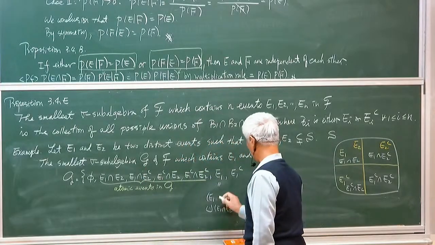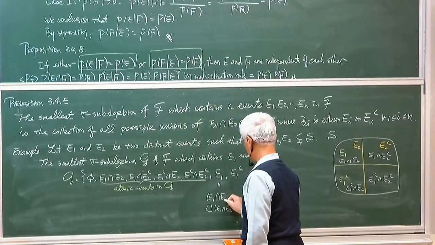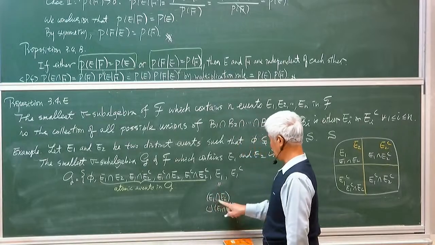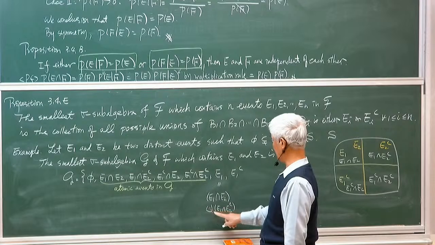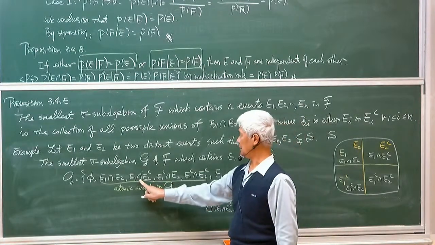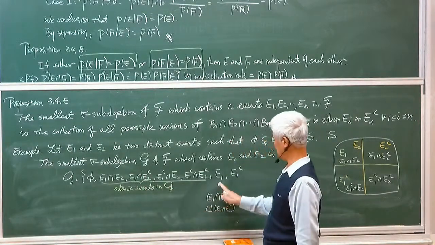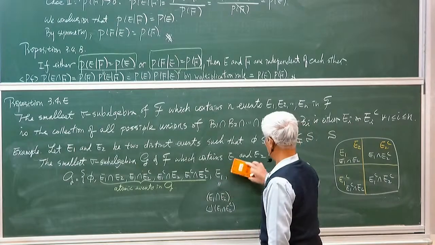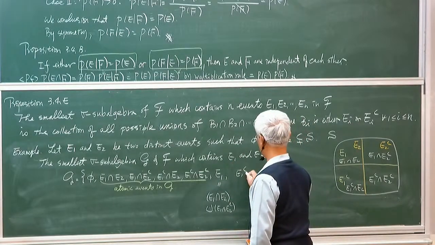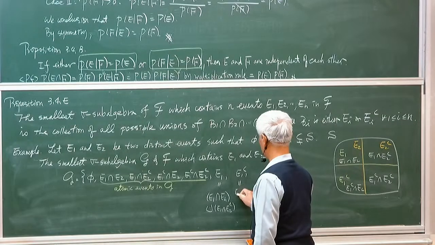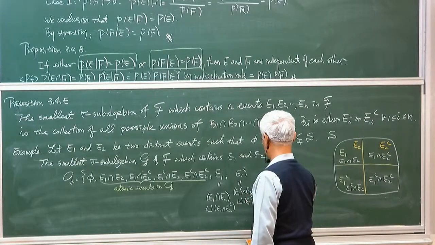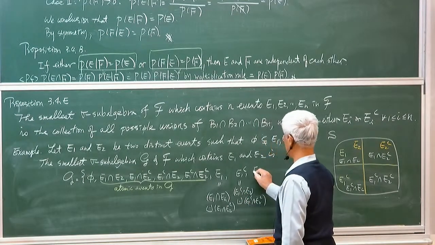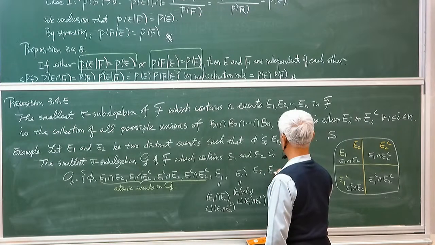So E1 is actually E1 intersect E2 disjoint union E1 intersect E2 complement. Together the two building blocks give you E1. Also E1 complement is equal to E1 complement intersect E2 disjoint union E1 complement intersect E2 complement, and similarly E2 and E2 complement.